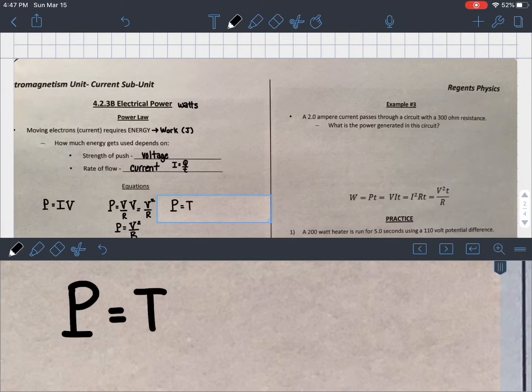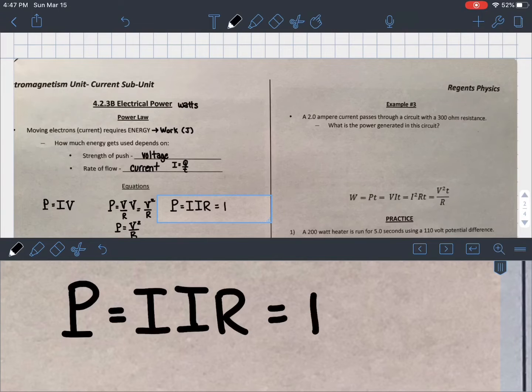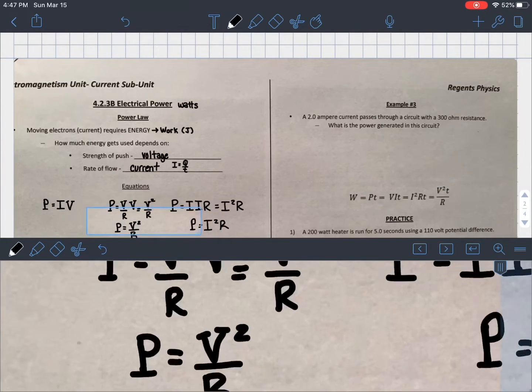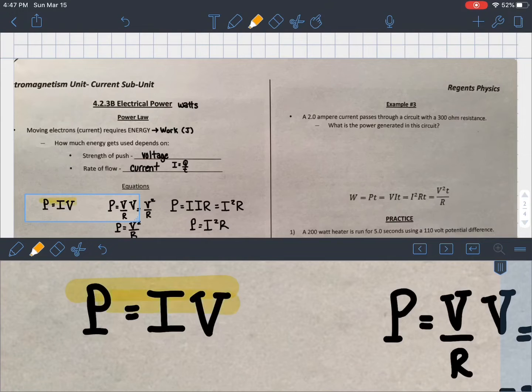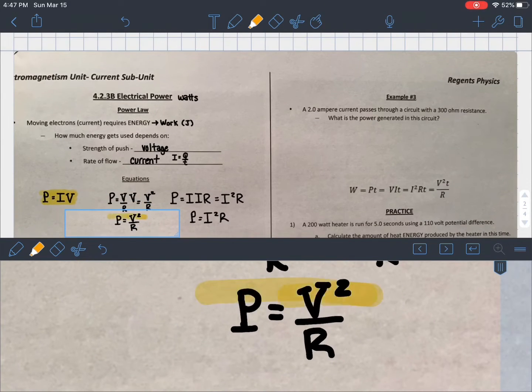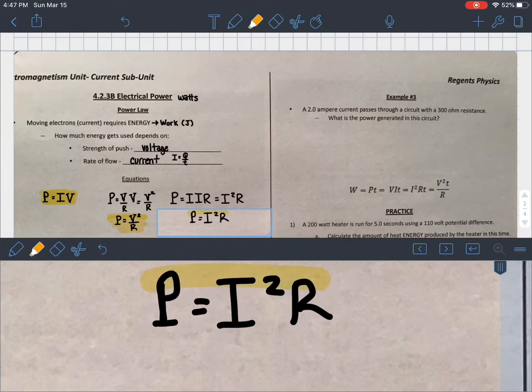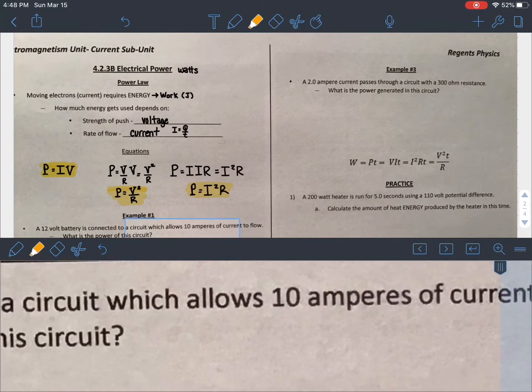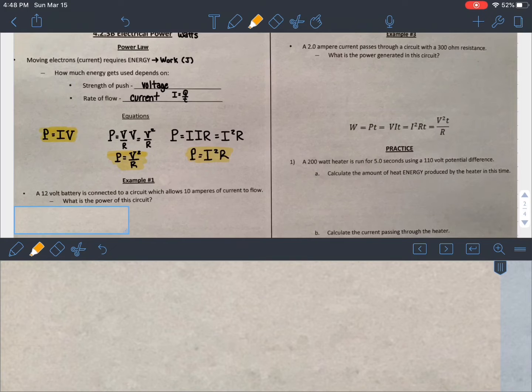Same thing. I'll start at P equals IV, but V is equal to IR, so that's I squared R. So here I just solved for some different variables to give us an easy starting point. All of these are true, all of these are equivalent, they're all equal to power. It just depends on what variables we're given and what we're trying to solve for. P equals IV is the major one that you should memorize.